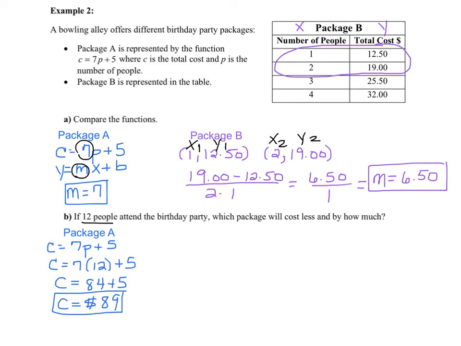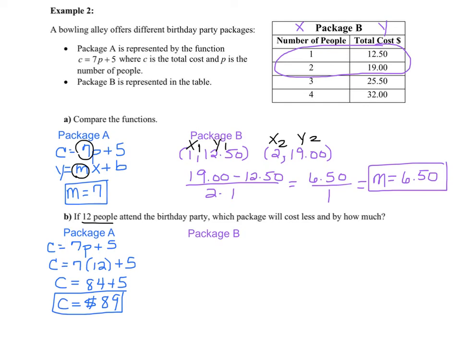All right, now let's find what our cost will be for package B. And in package B, we're not given an equation. We have to create an equation. And we're going to create our equation with the same slope-intercept form.